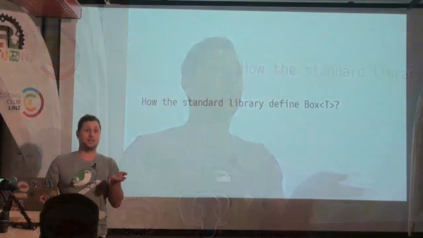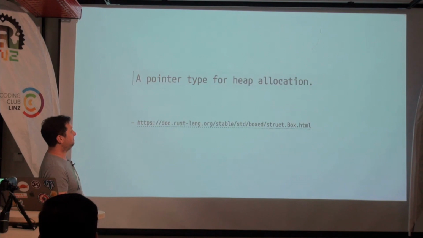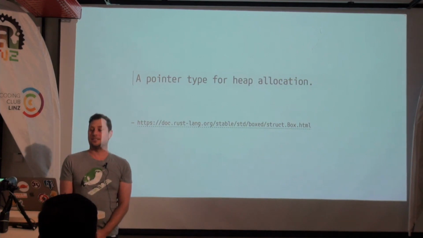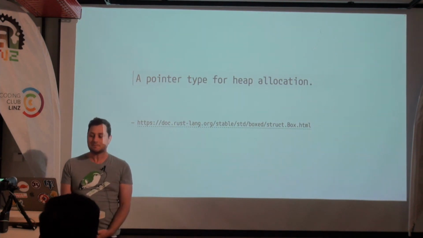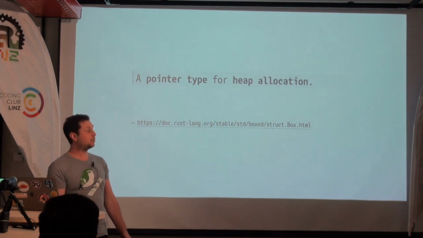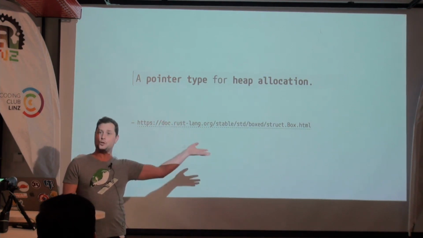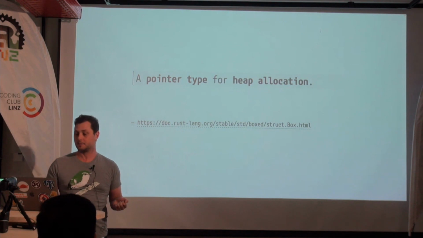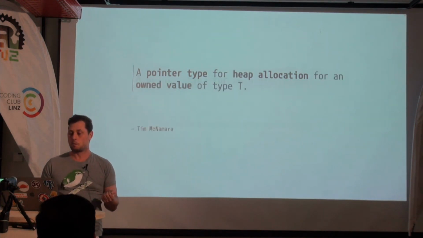But the first place to look perhaps would be the standard library's documentation. There's one sentence, which is: a box is a pointer type for heap allocation. That's no good unless you already know what pointer type means. You need to know what a heap is, and also you need to know what a memory allocation is. Without that prior knowledge, the sentence is meaningless.